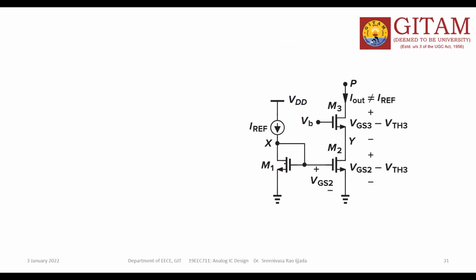To overcome that problem, we go to this approach. To avoid the VTH penalty in the voltage headroom of the cascode current sources, Vn is equal to, that means the voltage at node N is equal to VGS0 minus VTH0, plus VGS1 minus VTH1.